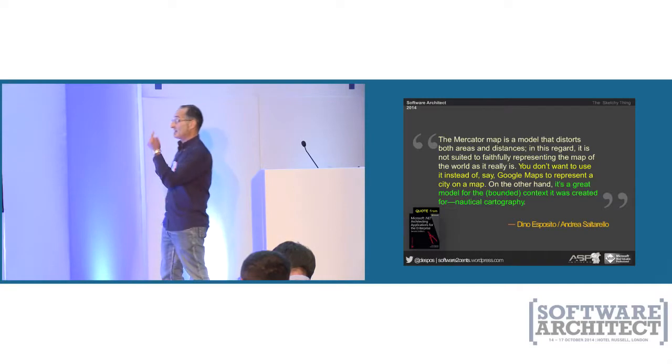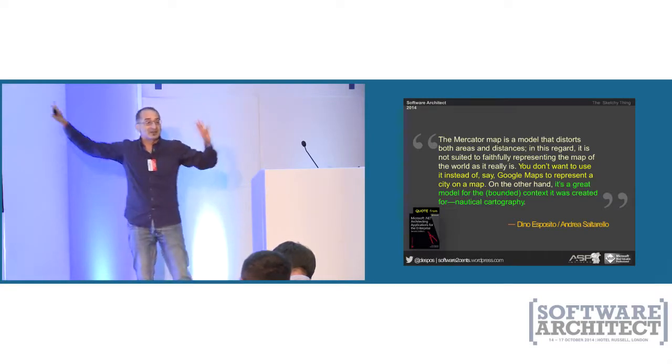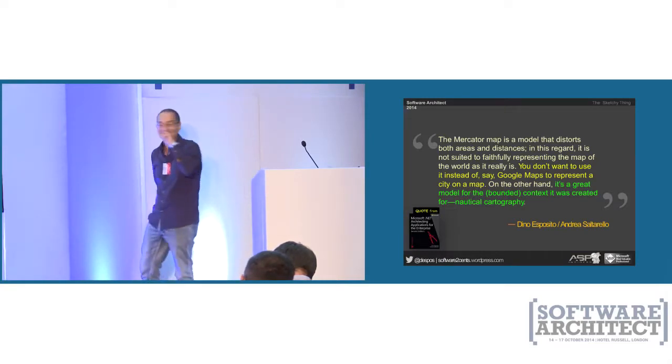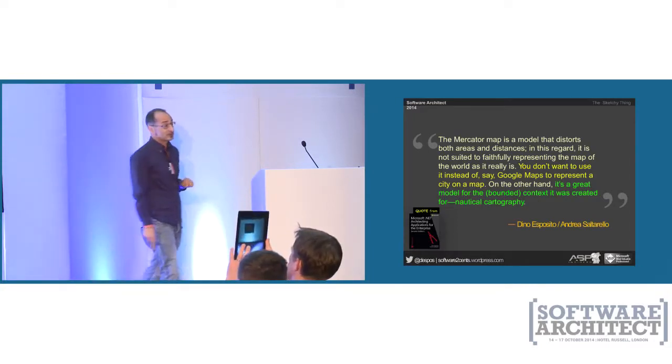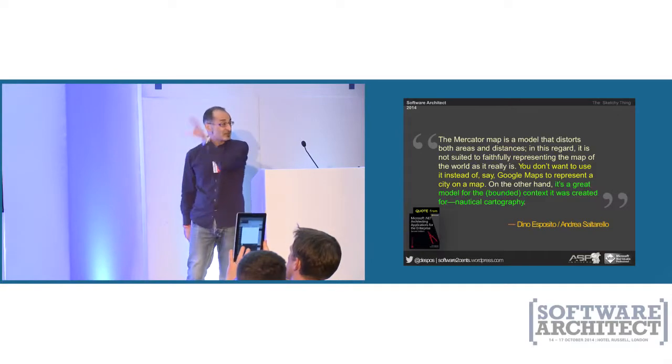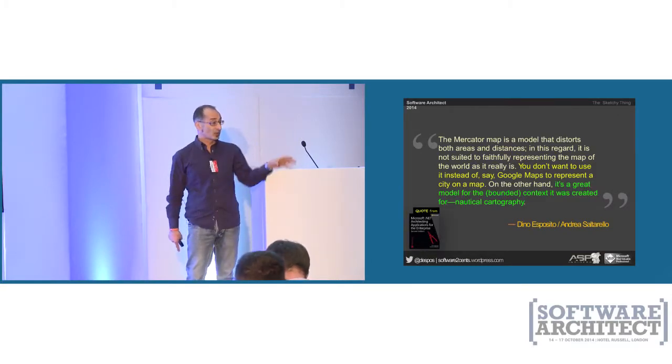And that means, I saw some face, I don't know if it's true, I'm just quoting. But anyway, the fact is that since the 16th century, this projection has been used to travel the world.